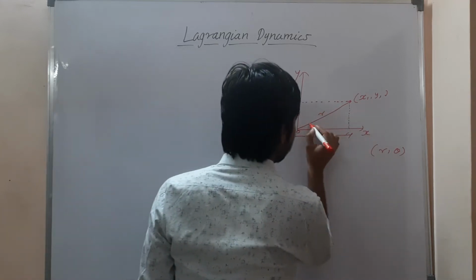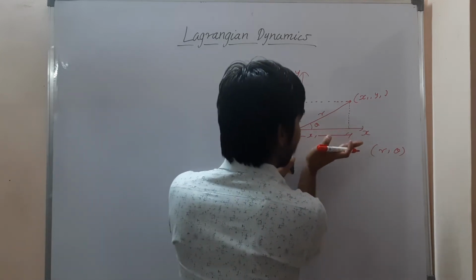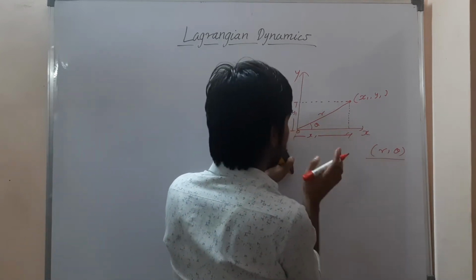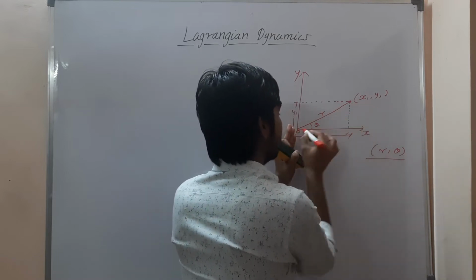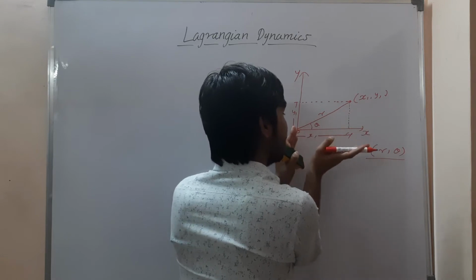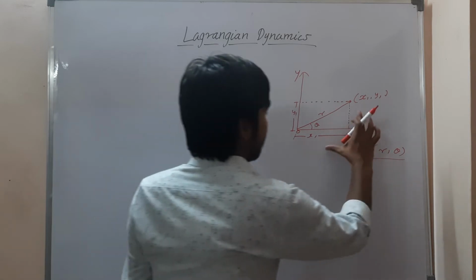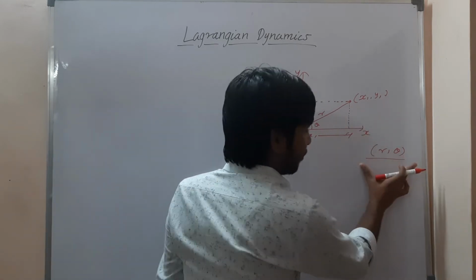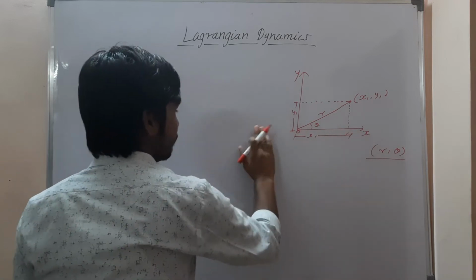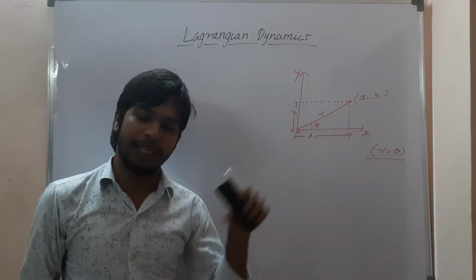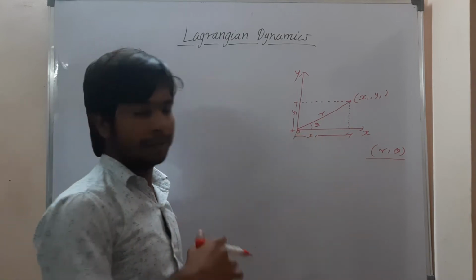And this angle is theta. So in cylindrical coordinates, the location of the particle is r distance from the origin, and it makes angle theta with the x axis. This is called the cylindrical coordinate, and this is the rectangular coordinate. Both are showing the same particle and the same position, so surely there will be some relation between them.